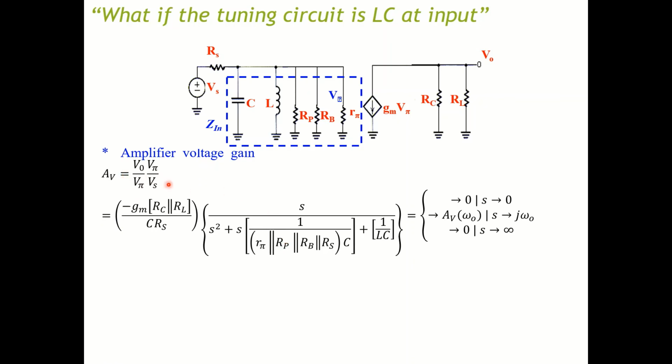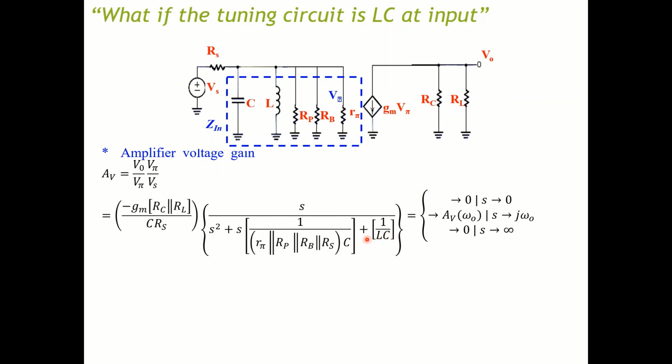As you can see, if S goes to 0, or if S goes to infinity, it's going to go back to 0. And this form is exactly the same form as our previous example when you have an RLC circuit at the load.